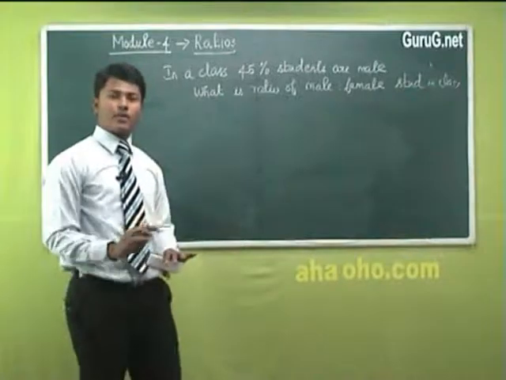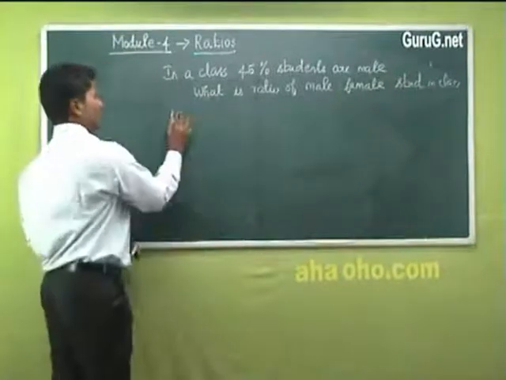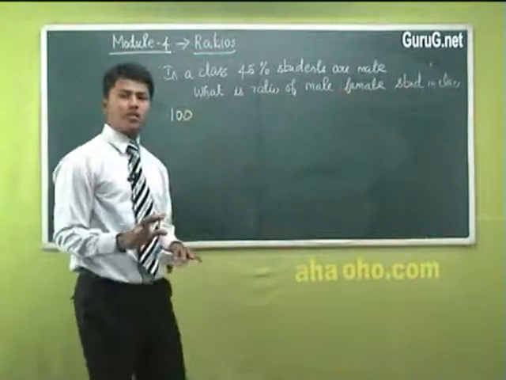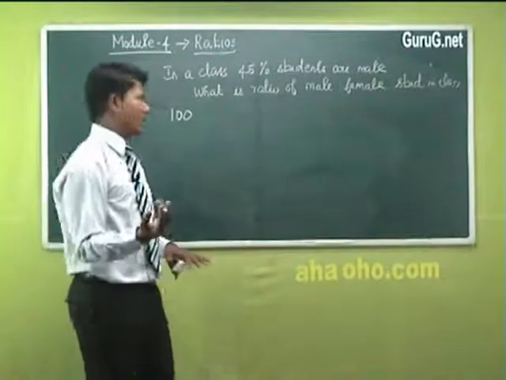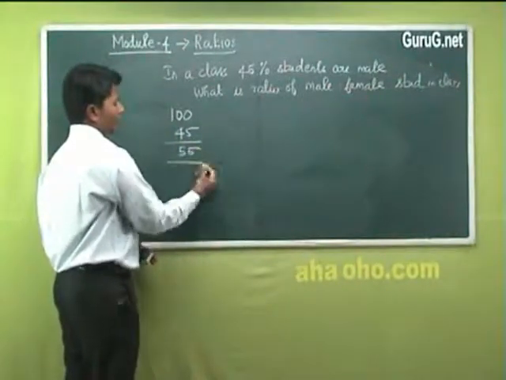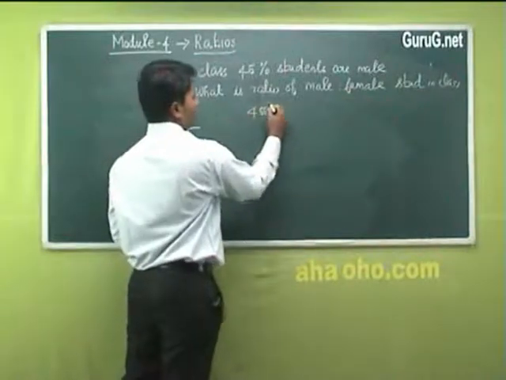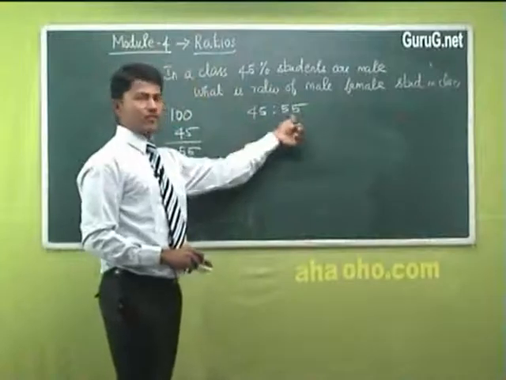As I said, when a question is asked in percentage, formulate or base your question to 100. Fine. We will consider that there are 100 students in the class. In 100 students, 45% are male. In the sense, 45 are male. The remaining is 55. So 45:55. 45 male students and 55 female students.